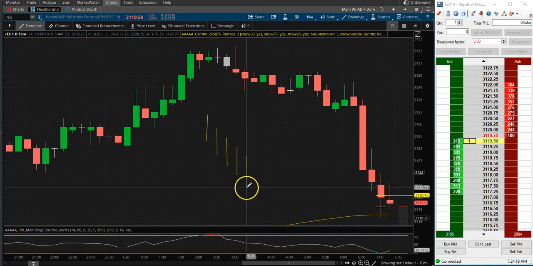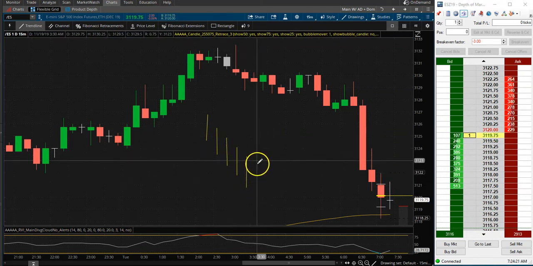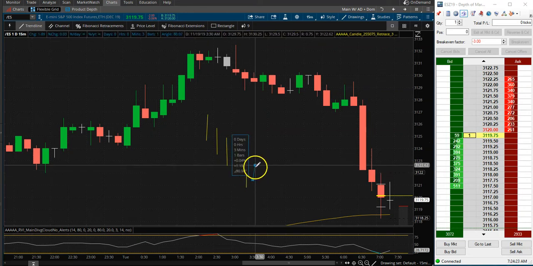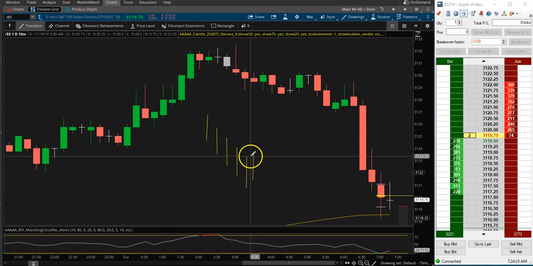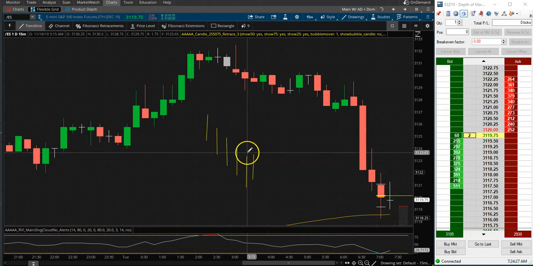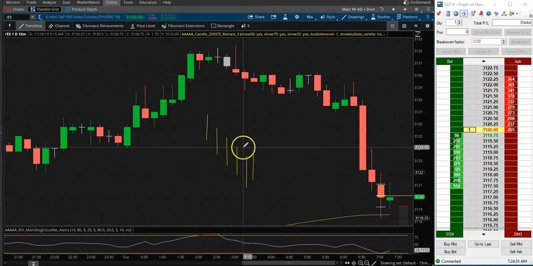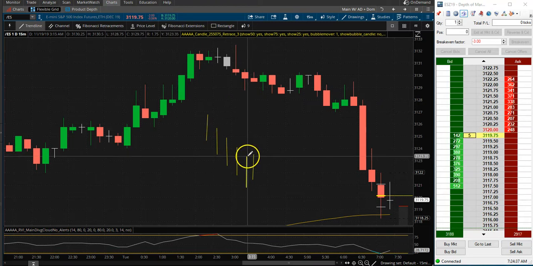And then what you look for on the waterfall is price to break above its previous candle, the very first one. Once it breaks above, then we are actually in an uptrend, okay? Because right now we're in a downtrend.